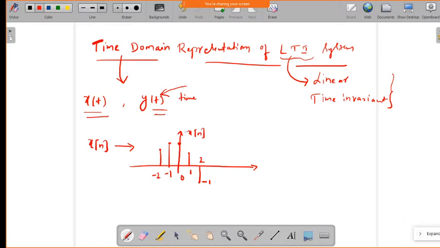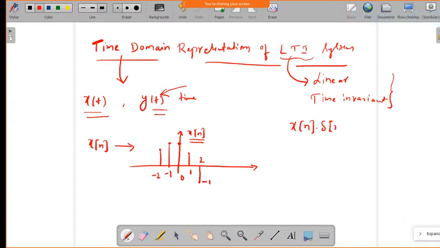Now we can represent this x of n in terms of time shifted impulses. We know the property of x of n into del of n minus k, if you take the shifted impulse. We already know the result of this.